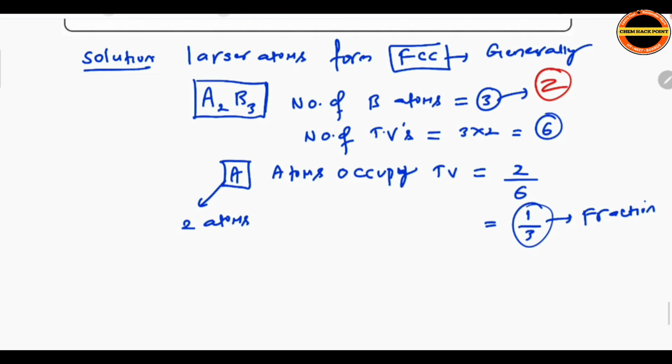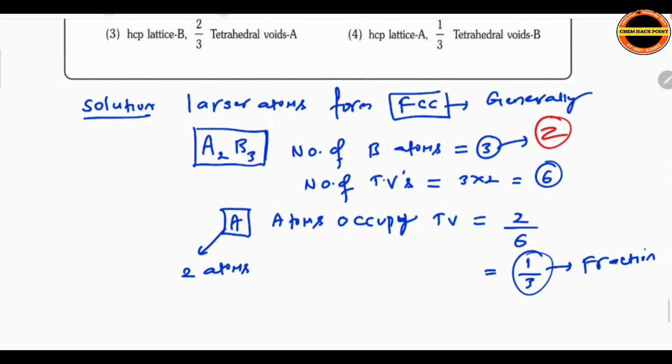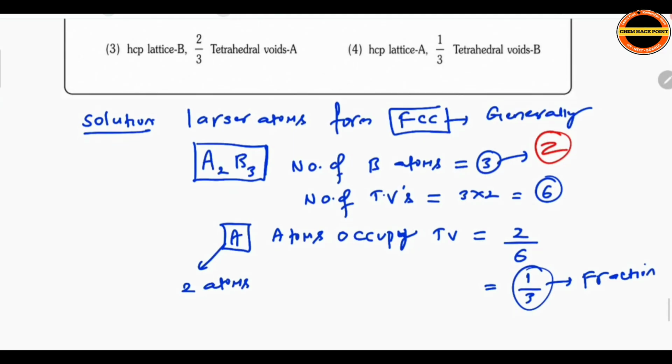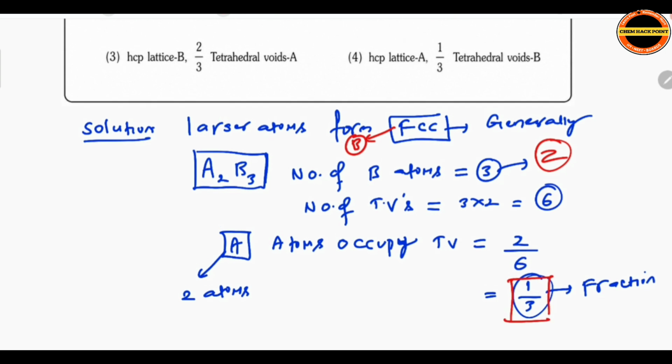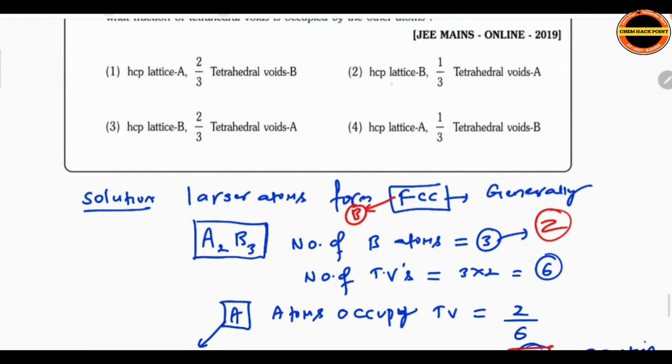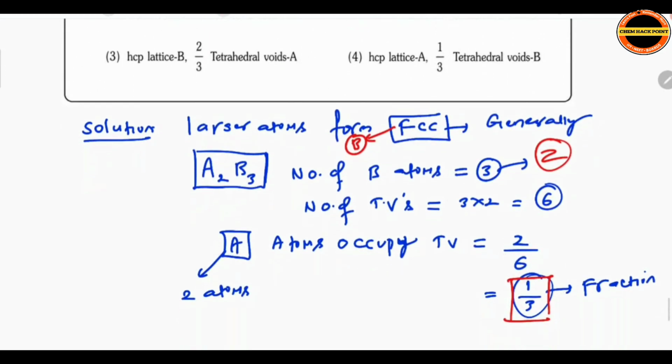So overall, first of all, atoms B form the lattice, and the fraction is 1 by 3. According to this, the lattice of B has 1 by 3 of tetrahedral voids occupied by A. Option 2 is the correct answer.